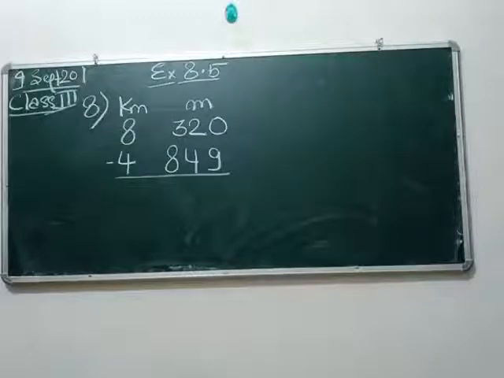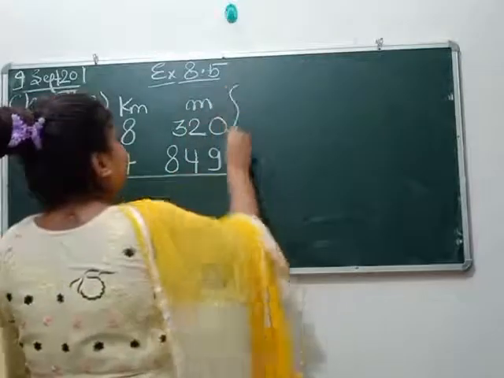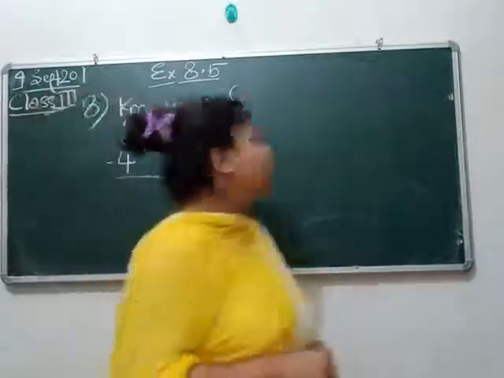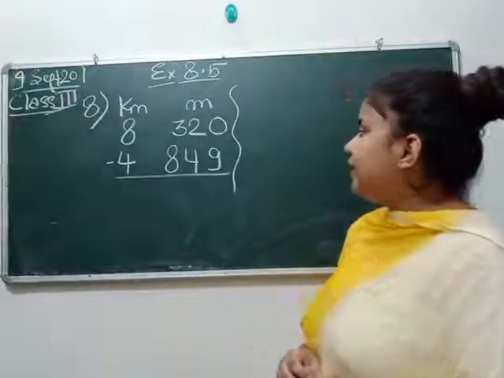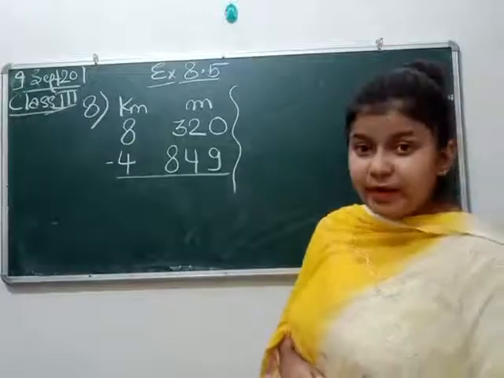Completed? Okay. So here we have to subtract 4 kilometer 849 meter from 8 kilometer and 320 meter.